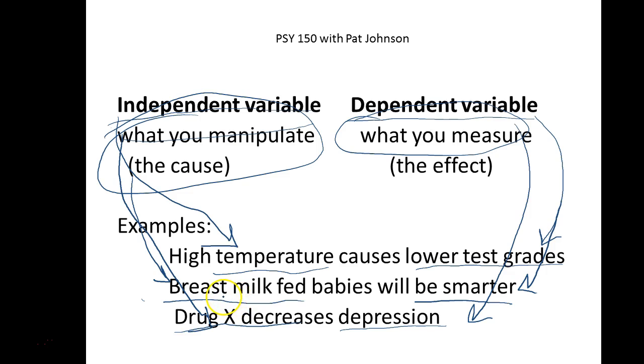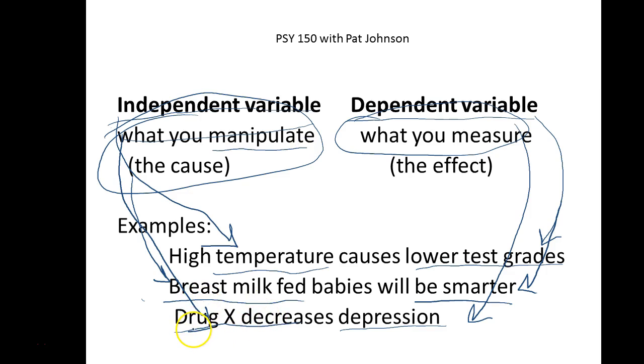We need to compare the breast milk fed babies to babies who don't get breast milk. If we're testing a drug, it's not enough to just give out our drug and see if it causes a decrease in depression. We have to manipulate some people getting the drug and some people not getting the drug.